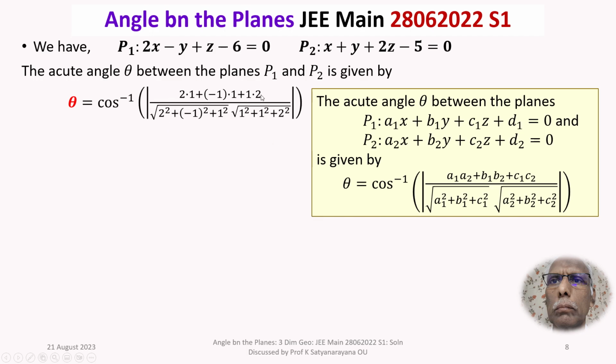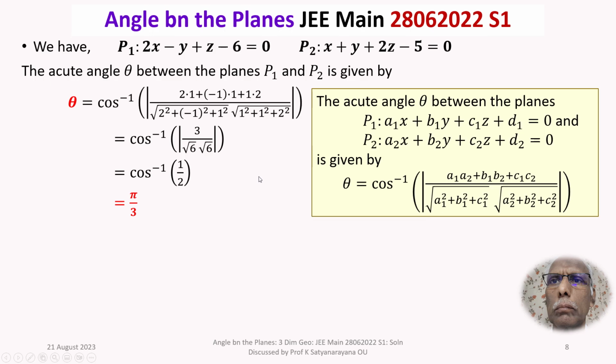The numerator will become 3. The denominator is root 6 multiplied by root 6. That is cos inverse of mod of 3 by root 6 into root 6, and that is 3 by 6. The mod will go away. Cos inverse of 3 by 6, which is 1 by 2. So cos inverse of 1 by 2, the acute angle we want, will be pi by 3.